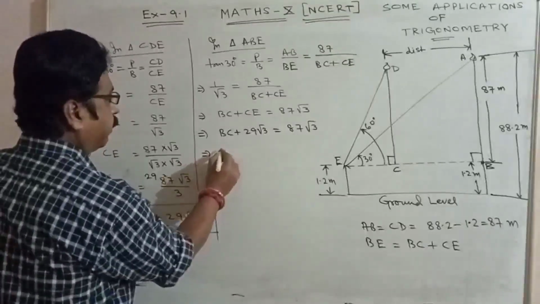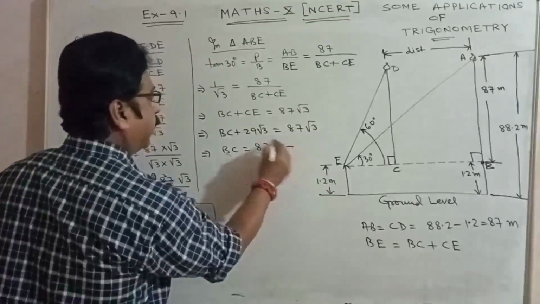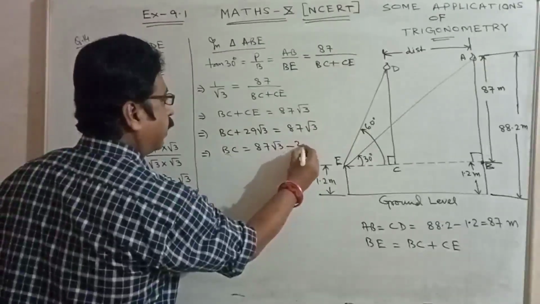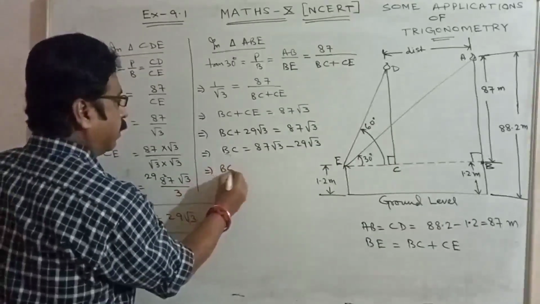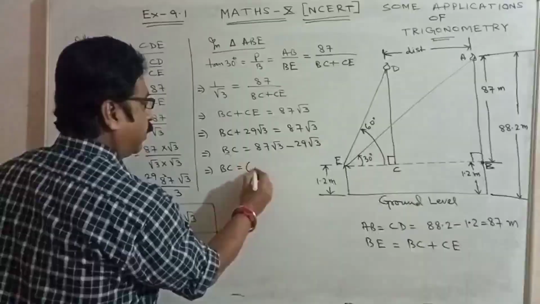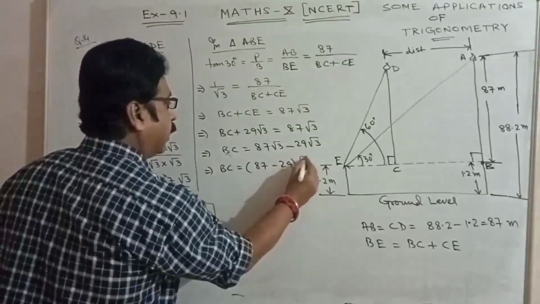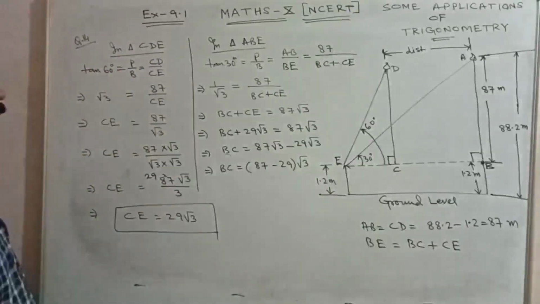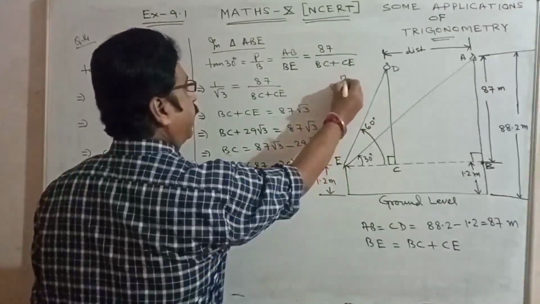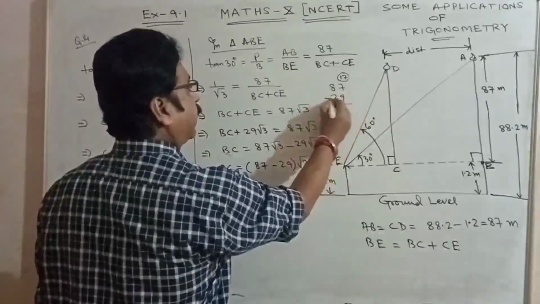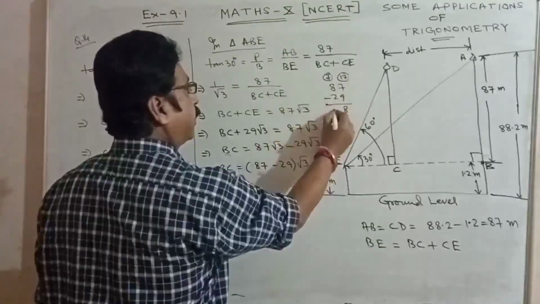Now BC is 87 root 3 minus, this is going from left to right, 29 root 3. Root 3 will be common, 87 minus 29. 87 minus 29, it will be 17. 17 minus 9 is 8. 8 will become 7. 7 minus 2 is 5.